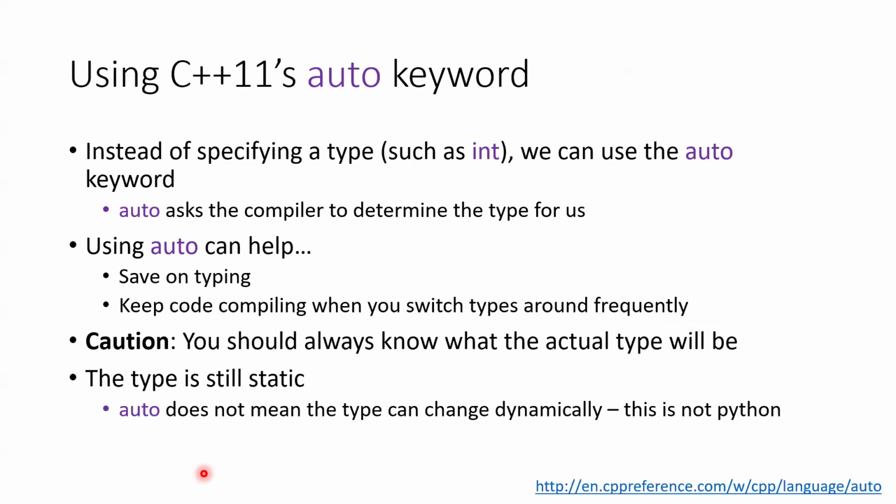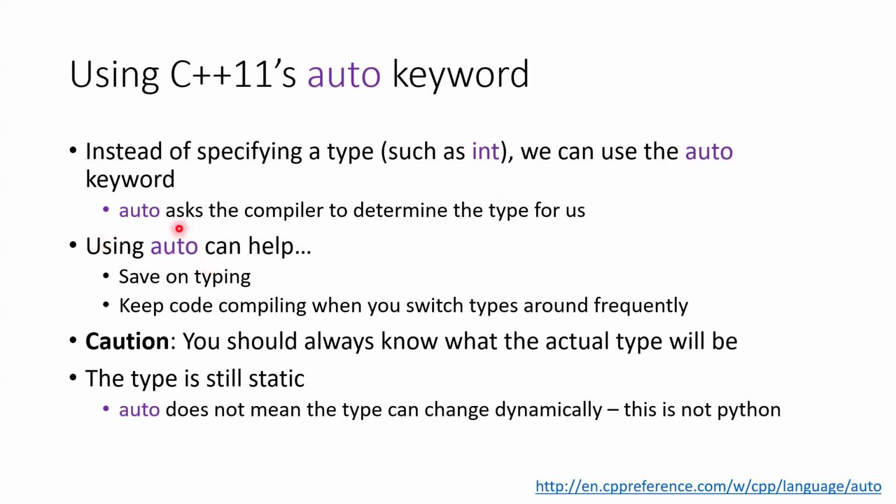Another trick is C++11's auto keyword. This keyword allows us to, instead of specifying a type when you're declaring a variable, such as integer, use the auto keyword so that the compiler will determine the type for you.